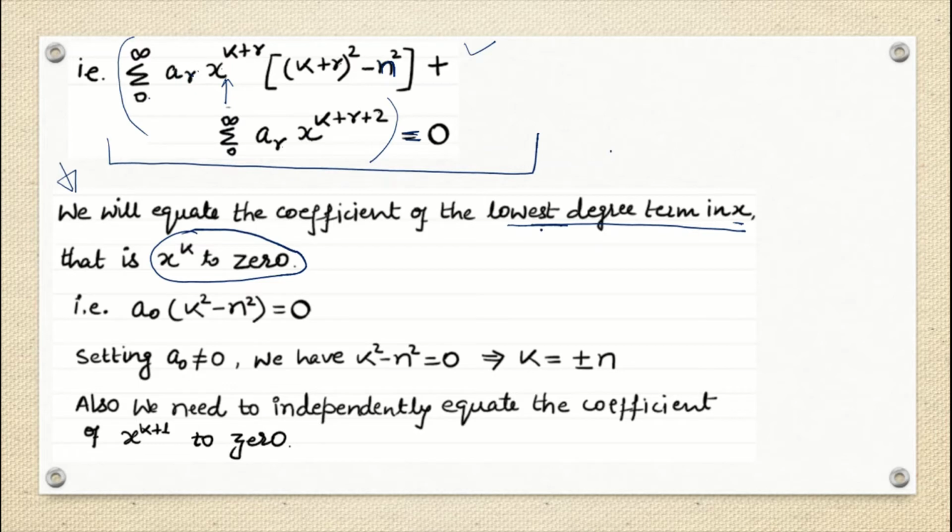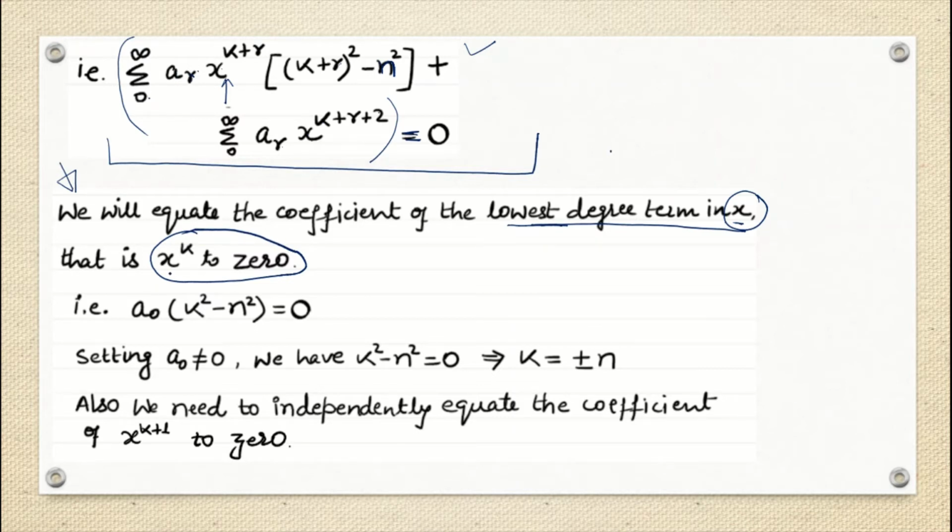We are just taking the lowest degree term in terms of x, and then the coefficient of that x only. That means a0, a1, a2, a3. We will find the value of a0, then a1, then a2, then a3, and so on. And then we will be very near to the final solution.